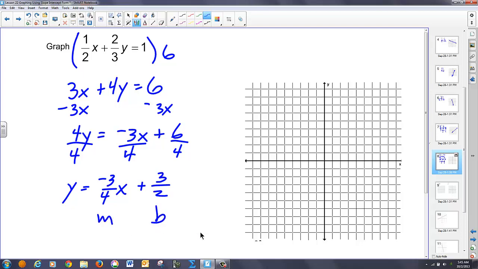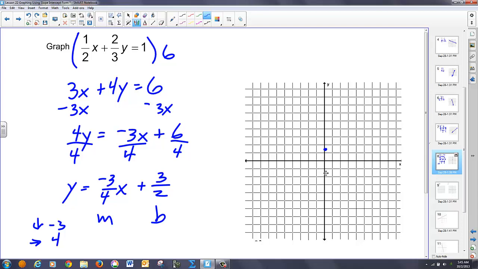My slope's pretty much always going to be a fraction, but when I have a fraction for my y-intercept, you're doing your best effort to estimate where 1.5 is. And in this case, when I go down 3 and to the right 4 for my slope, I'm going 1, 2, 3 down.